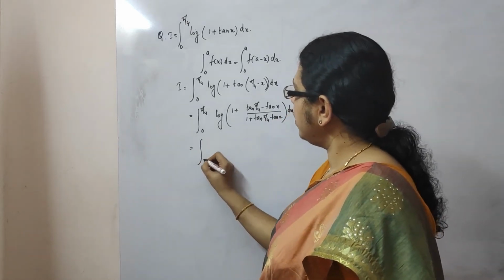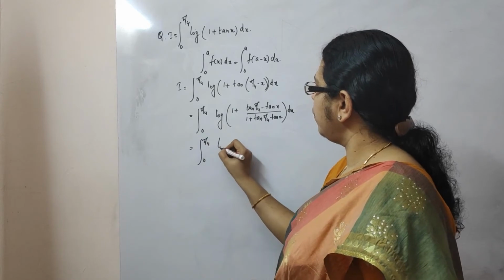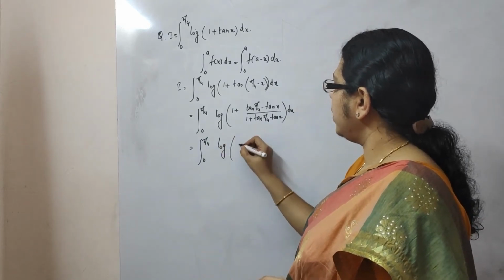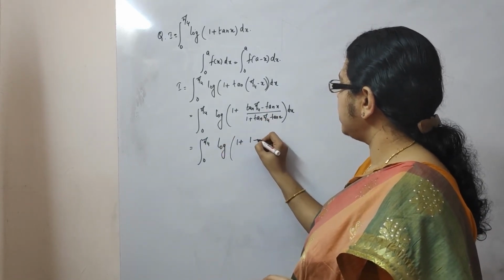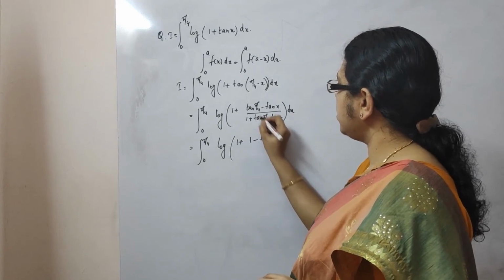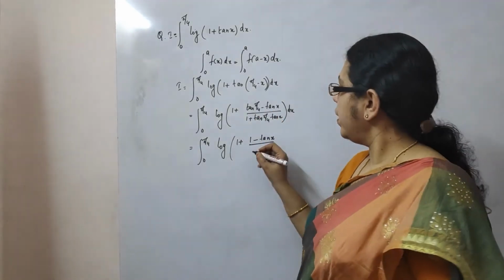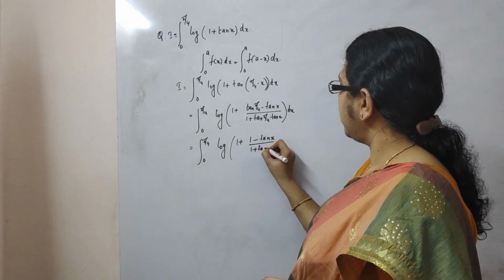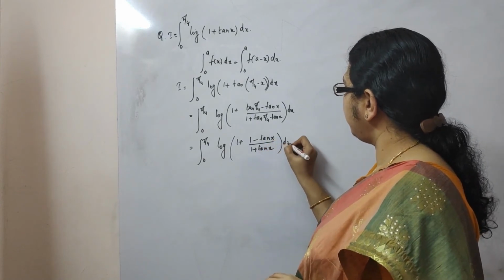Now this is equal to integral 0 to pi by 4 of log of, cross multiply. Before cross multiplying, I'll write this as 1 minus tan x, because tan pi by 4 is what? 1 by 1 plus tan x, because again tan pi by 4 is 1.